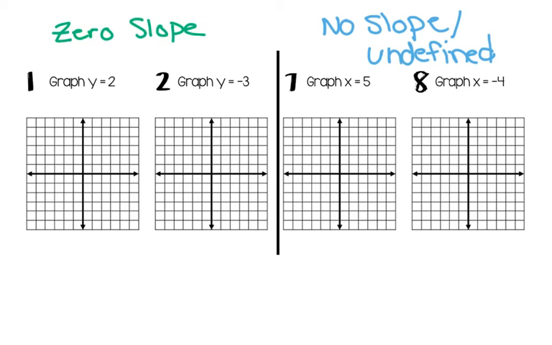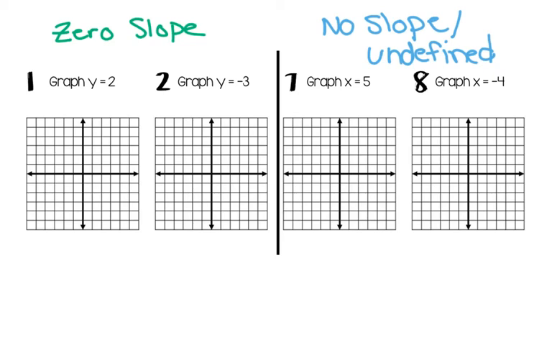When we have the graph of a zero slope, the equation would look like y equals. That's still considered a function. When it's no slope or undefined, it's going to be x equals. So that's considered not a function.